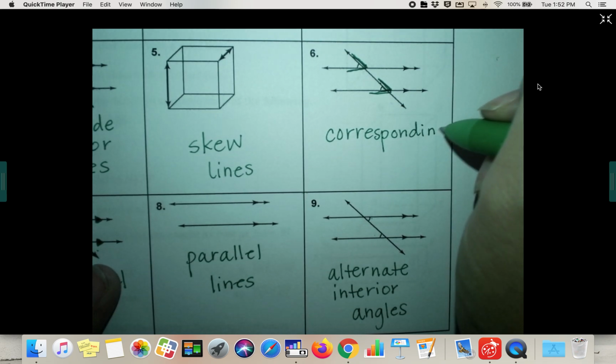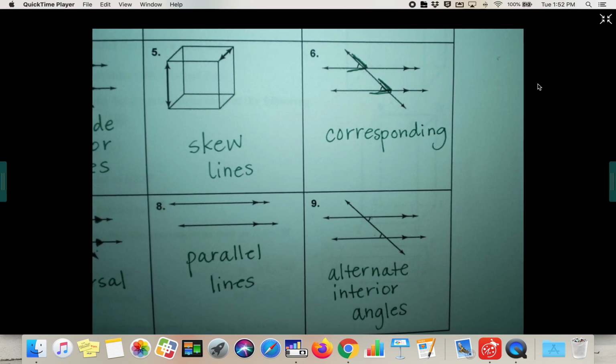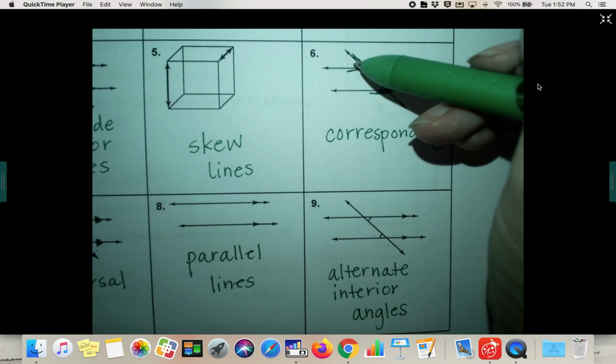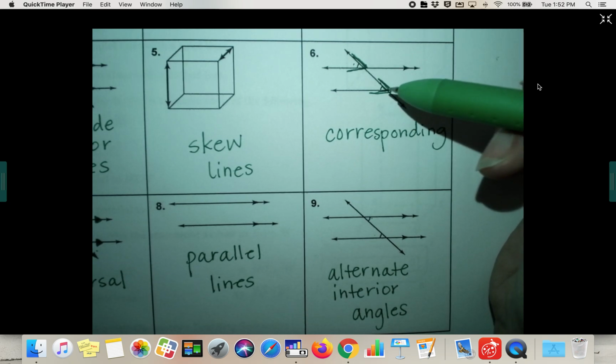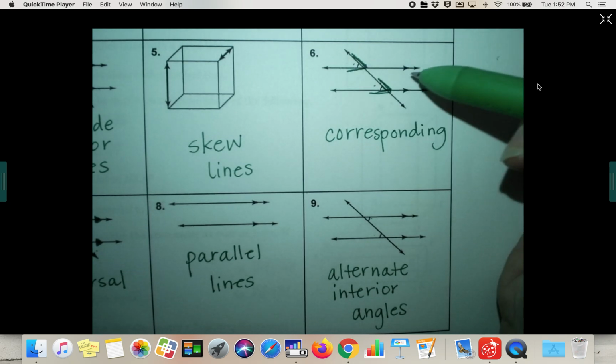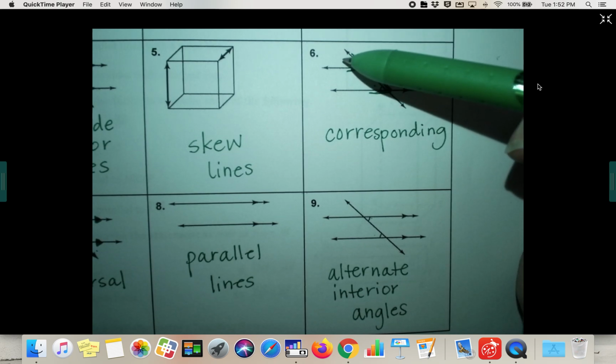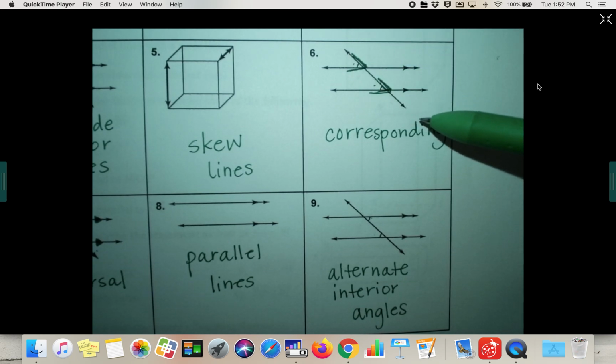So this is the one that kids tend to forget. So corresponding is when it's in the same location of the other exact angle when you're looking at two sets of parallel lines and you're just going further down the transversal line. All right, turn the page.